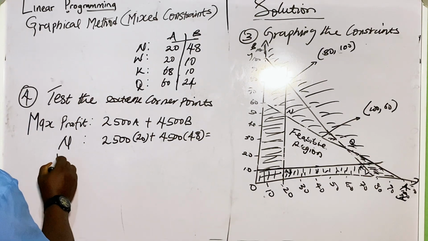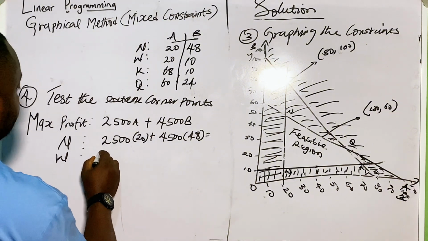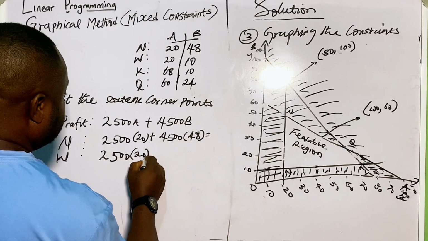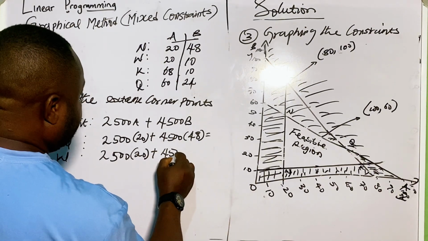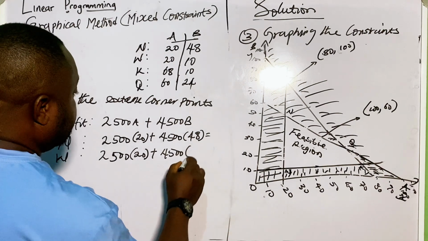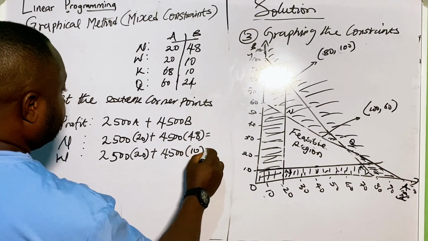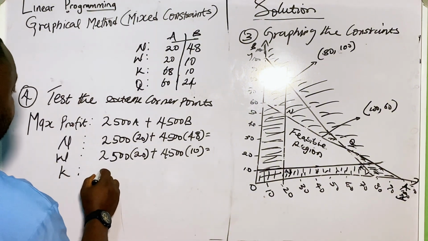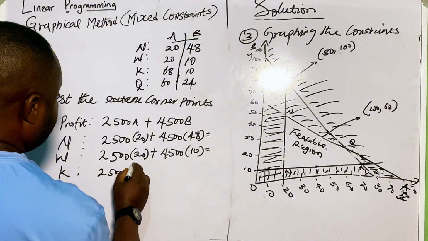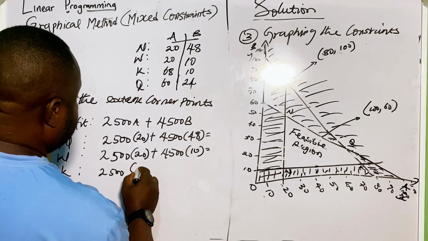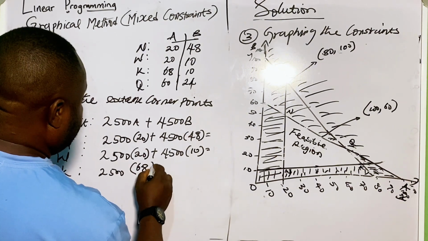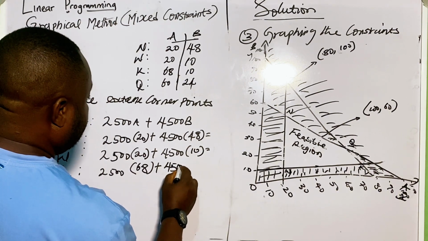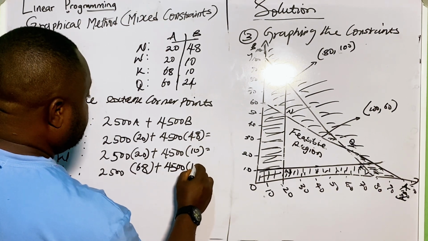Then at point W, it's going to be 2,500 by 20 plus 4,500 by 10. Then at point K, we have 25 by 68 plus 45 by 10.